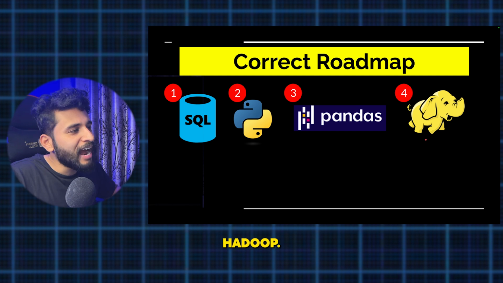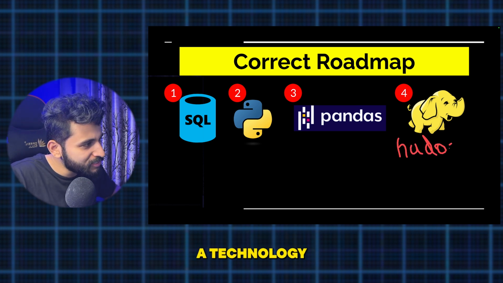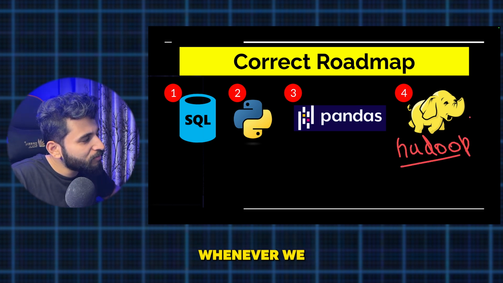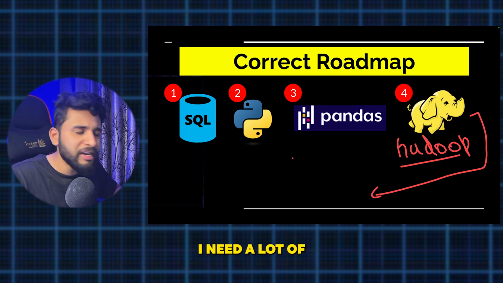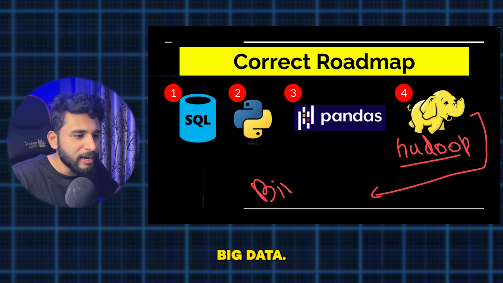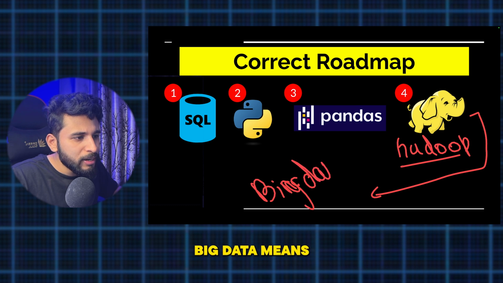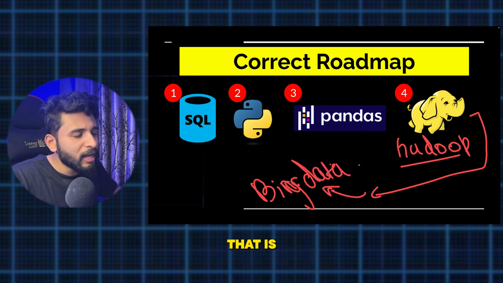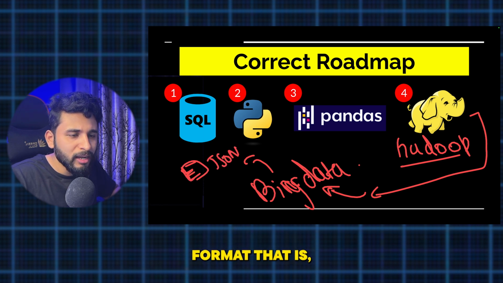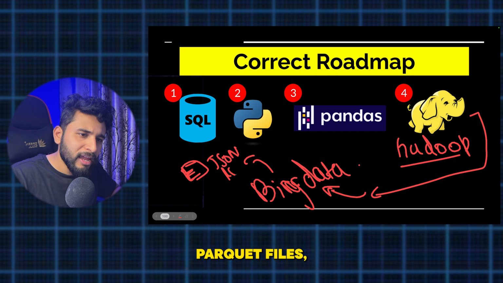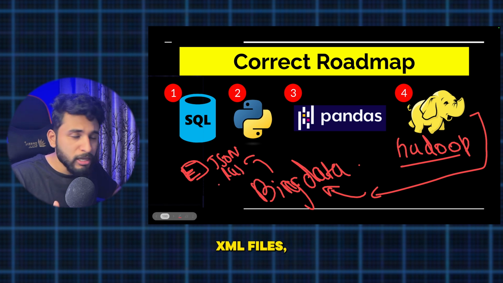Other than that, Hadoop is a technology that is very, very important whenever we talk about data engineering or the data field right now, AI, any sort of things. We talk about big data. What is big data? Big data means any type of data, whether in tabular format or JSON, which is semi-structured, Parquet files, CSV files, XML files.